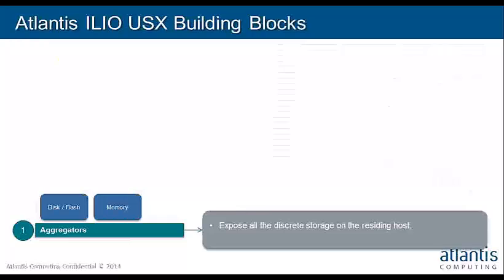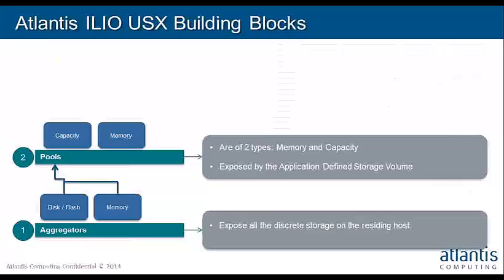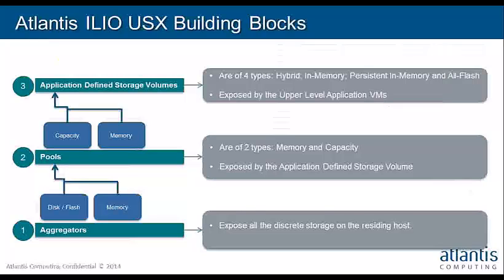What these aggregator VMs do is they in turn create what is called pools, and pools are of two types: capacity and memory pool, and these pools are talking to the individual aggregator nodes and are exposed to the upper layer application-defined storage volume.